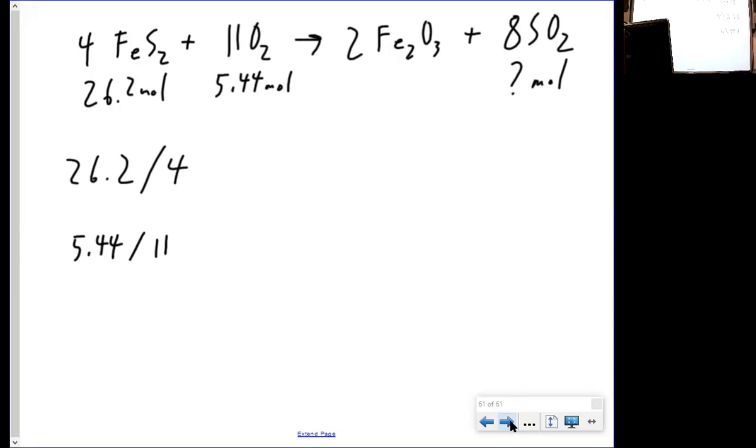Now, this is another one, in my opinion, that you probably don't have to do this math, because I only care about which number is lower, and you can look at that and tell. It's going to be 5.44. Everybody see that? A smaller number divided by a bigger number is going to be much lower than a bigger number divided by a smaller number. Does that make sense to everybody?